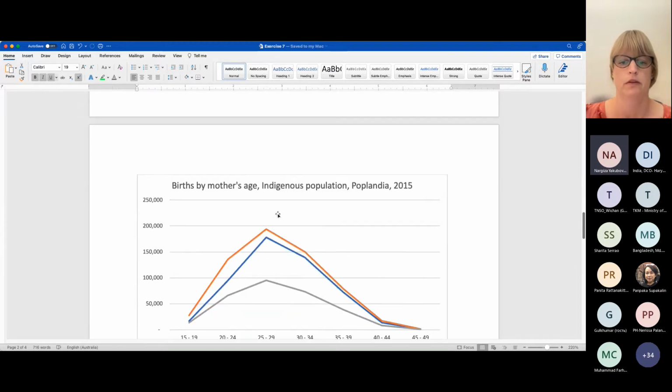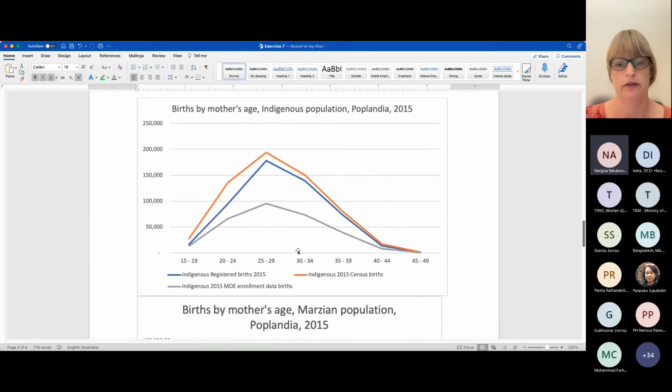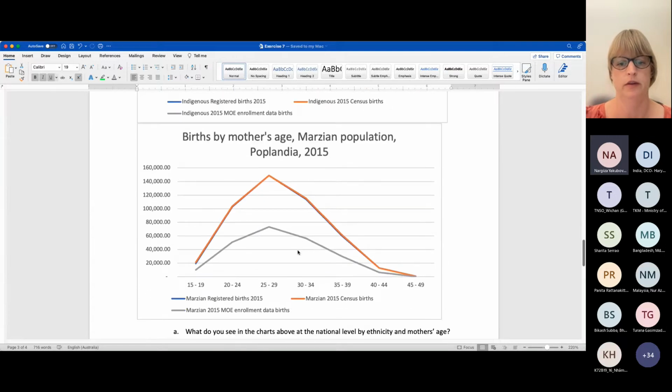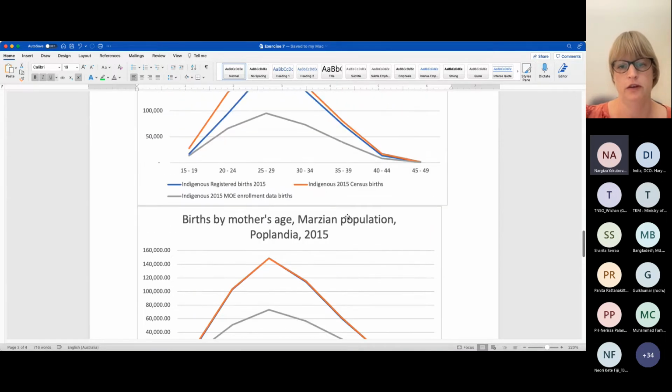So here is our graph for these three different sources, and this one as well. So what do you see in the charts above, both at the national level, but also by ethnicity and mother's age?